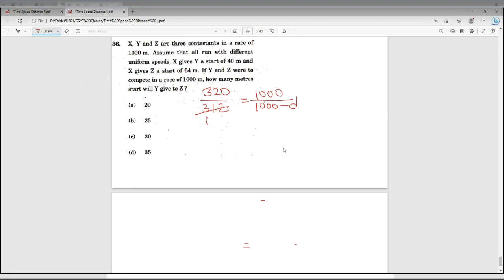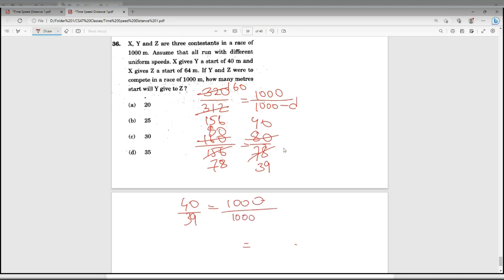That gives 160 by 156. And again dividing by 2, this is 80 by 78, and again, this is 40 by 39 is equal to 1000 by 1000 minus d.